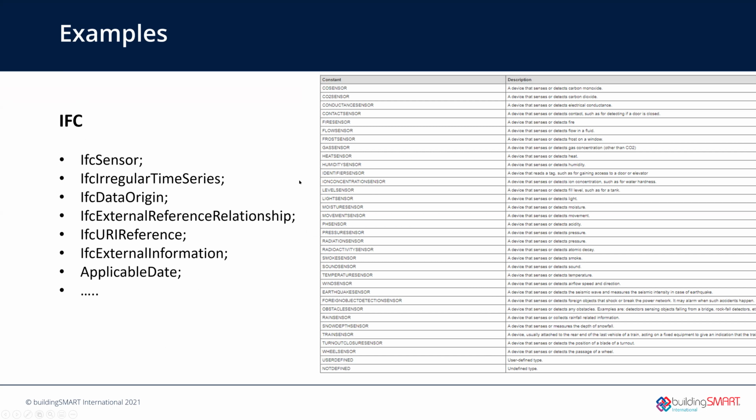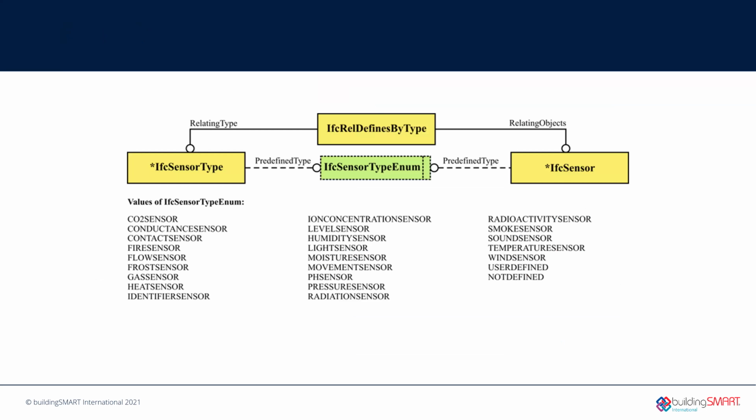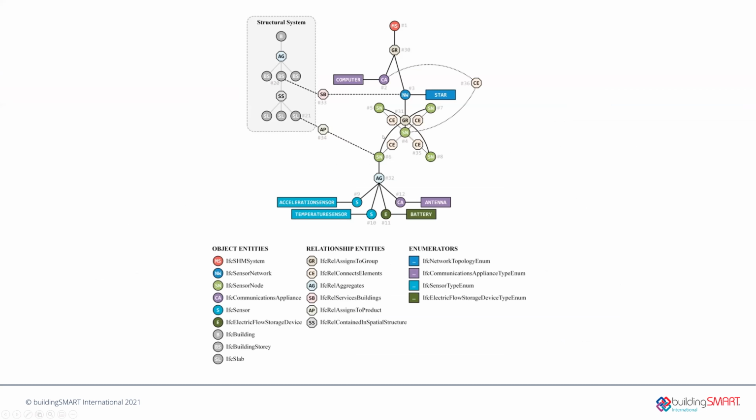We have IFC irregular time series, data origin, external references, applicable date, you name it. There's really a lot of semantic richness in there. Not all of this is known, and therefore also not all of this is used. But when you really dive into the details and the specifics, you can find quite a lot on this.